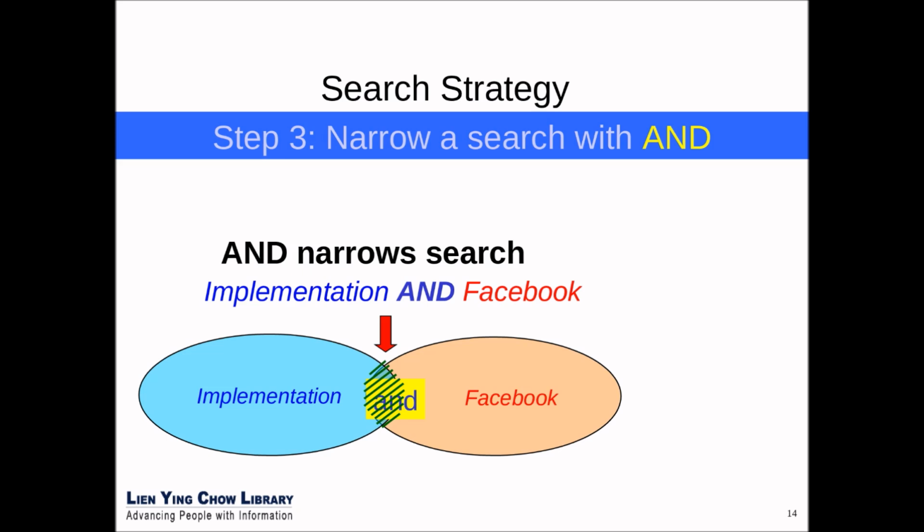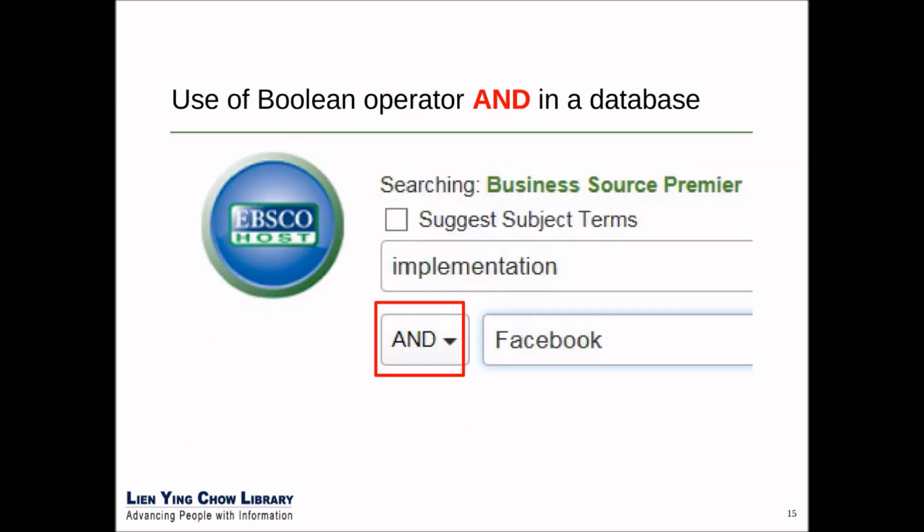In other words, you want to search for articles that have the occurrence of both these words. In an example using Business Source Premier database, you can change the Boolean operator to and combine both the keywords such as implementation and Facebook.